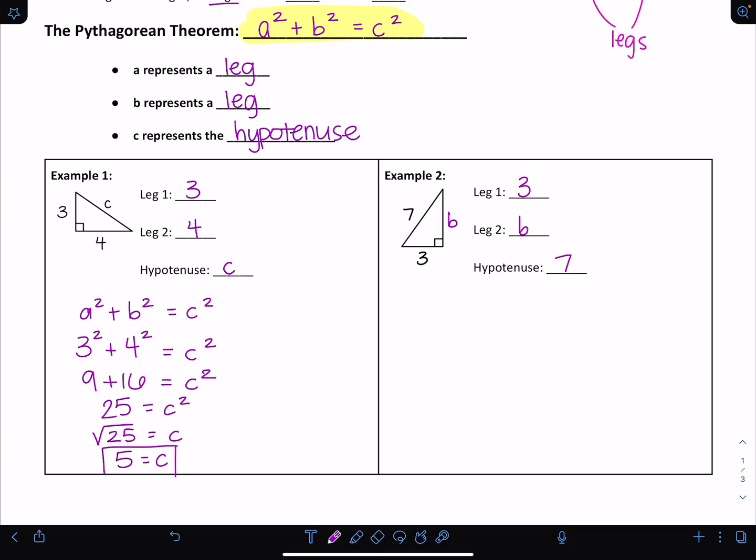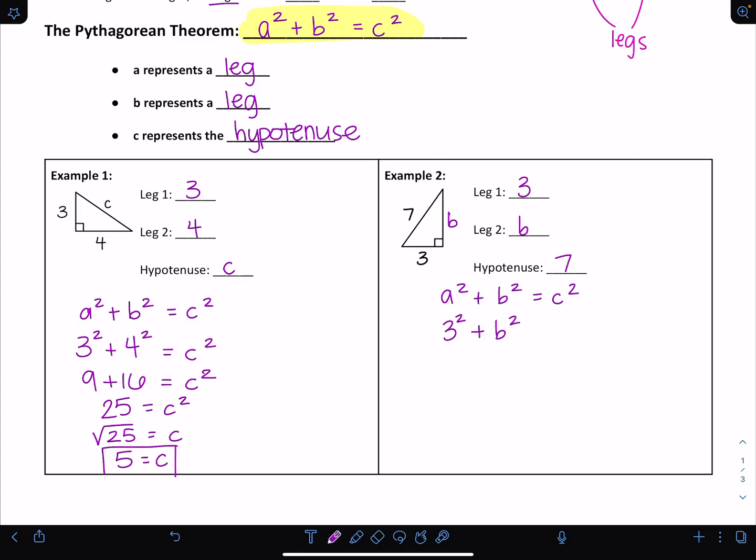We'll start with our Pythagorean theorem, which is a squared plus b squared equals c squared. We'll plug in a number for a, which is 3. Make that squared. We don't know what b is, so we're going to leave that alone. Plus b squared.